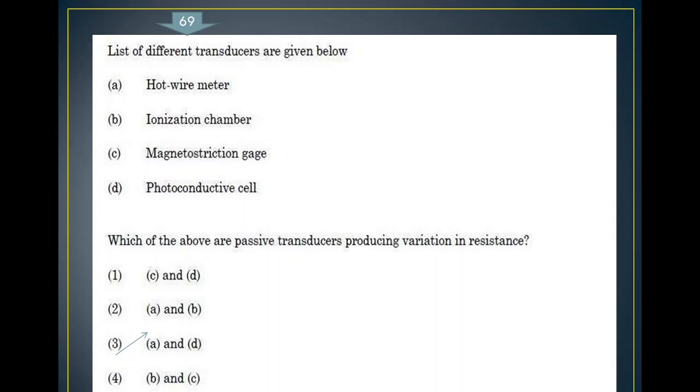Option first C and D, option second A and D, option third A and D, and option fourth B and C. And your correct answer is option third, A and D. That means the hot wire meter and photoconductive cell are passive transducers producing variation in resistance.